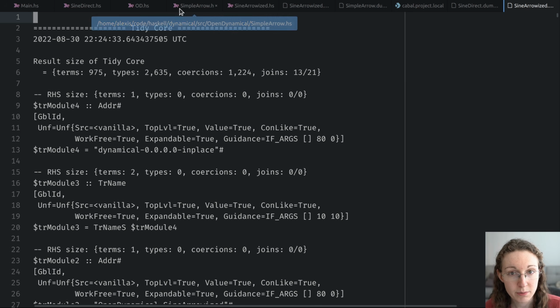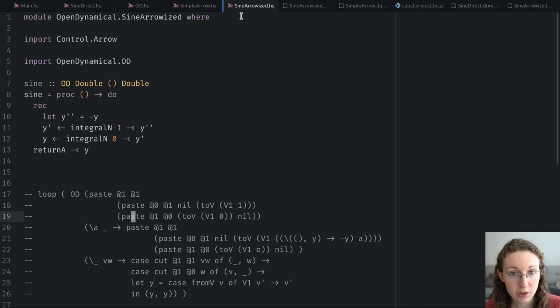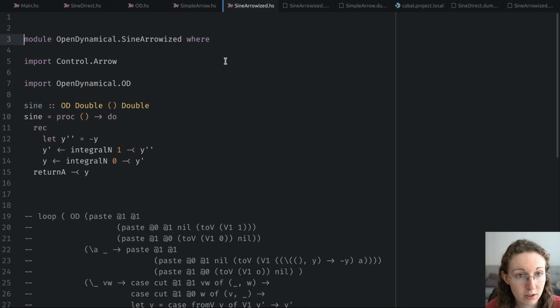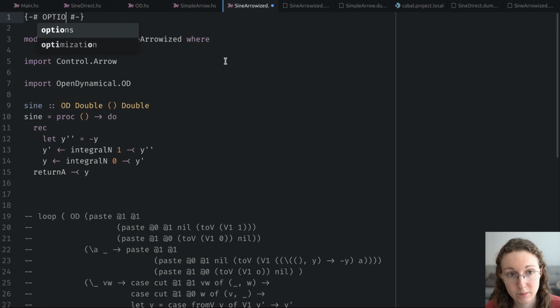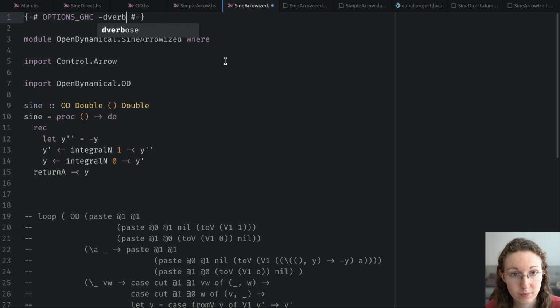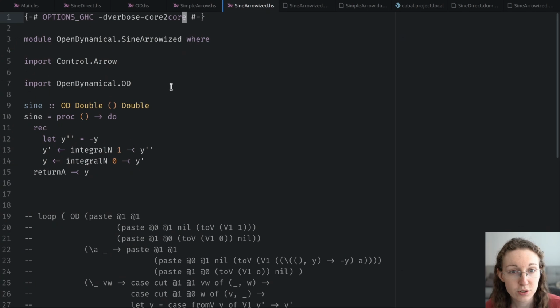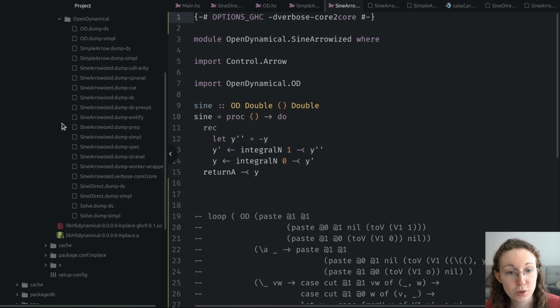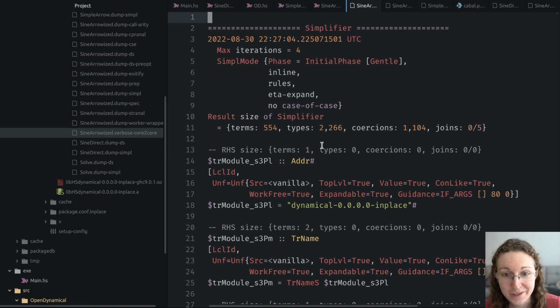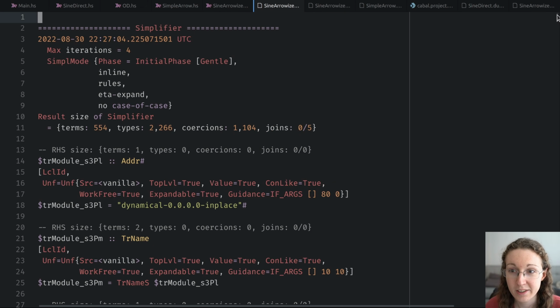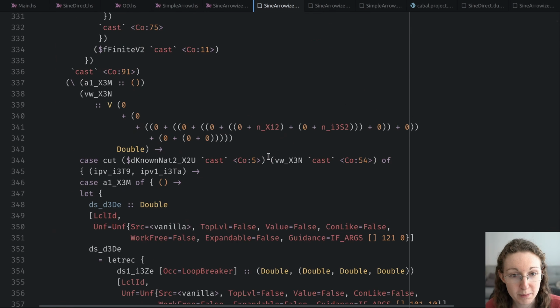One thing we could try is to add on this particular module a GHC option, which is the nuclear option, basically asking GHC, please just dump out an enormous quantity of information, so you can see basically every single step of the optimization pipeline.